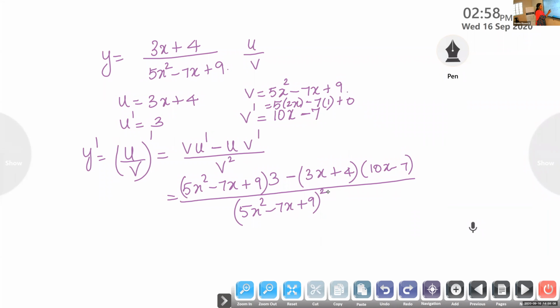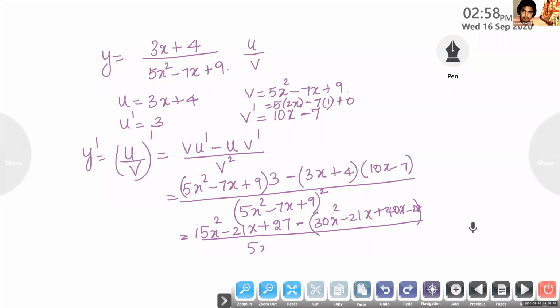Now you expand this and simplify, you get the answer. When you expand this, you will get 15x square minus 21x plus 27 minus of 30x square minus 21x plus 40x minus 28, by the denominator.